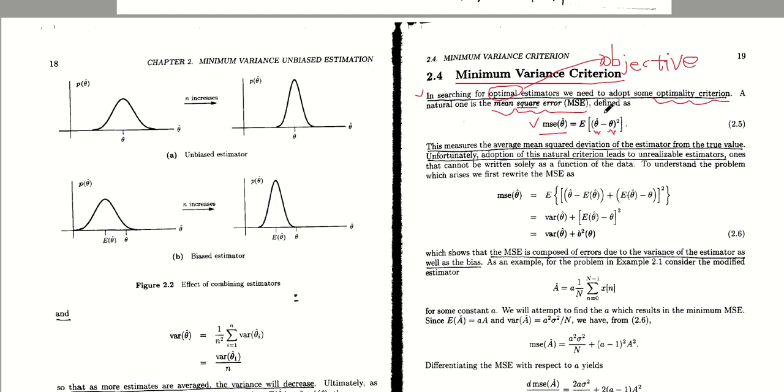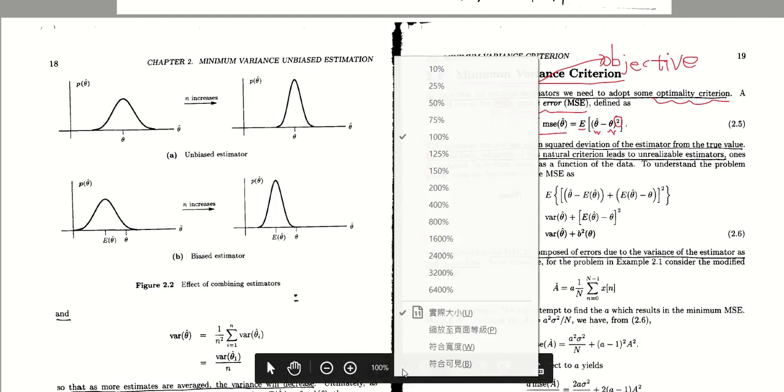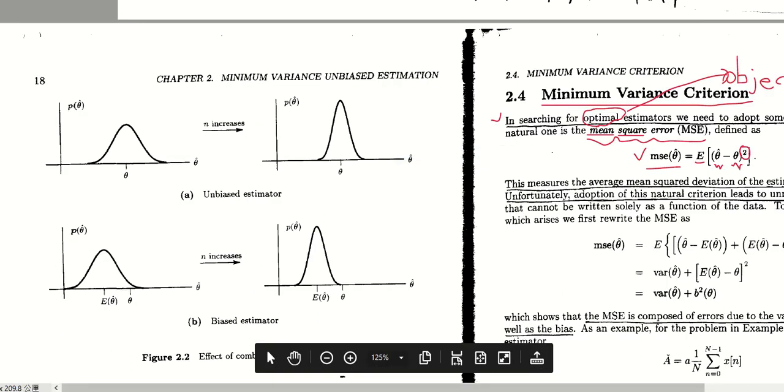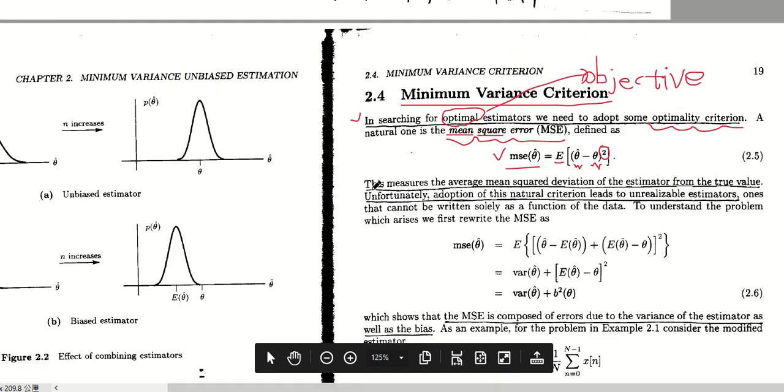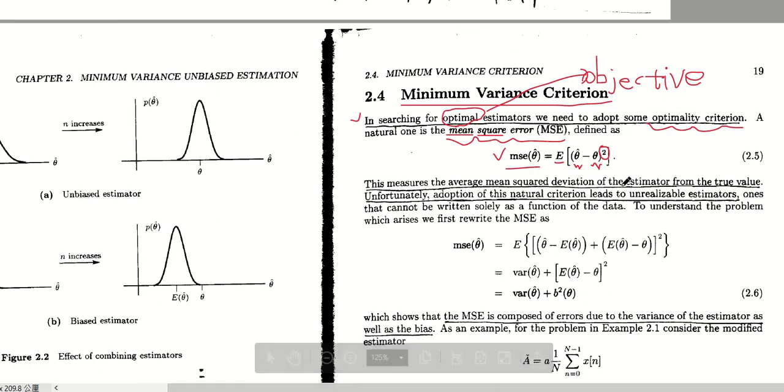The square comes from the error squared, and then we take the expectation. That is called the mean square error. This measures the average square deviation of the estimator from the true value.